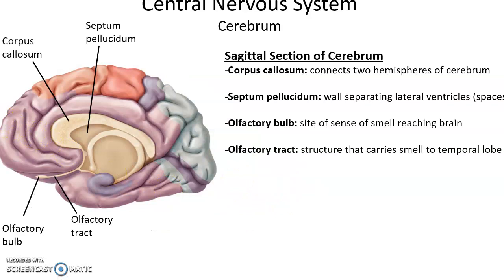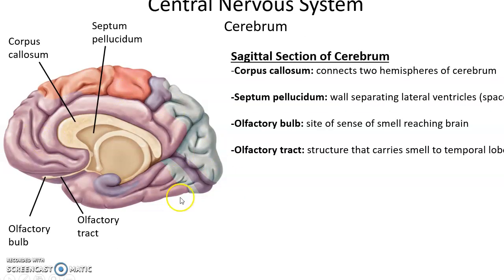Other structures important for the cerebrum. So here's the cerebrum. We have the corpus callosum. The corpus callosum is the structure that connects the right and left hemispheres of the cerebrum. We have the septum pellucidum. The septum pellucidum is a wall that separates the right and left lateral ventricles. Lateral ventricles are spaces filled with cerebrospinal fluid.